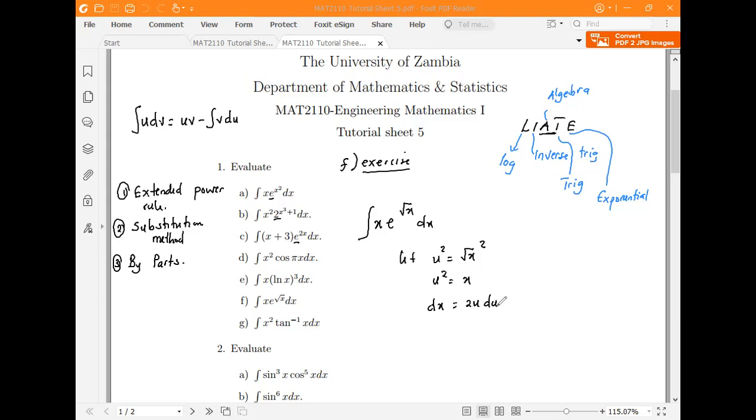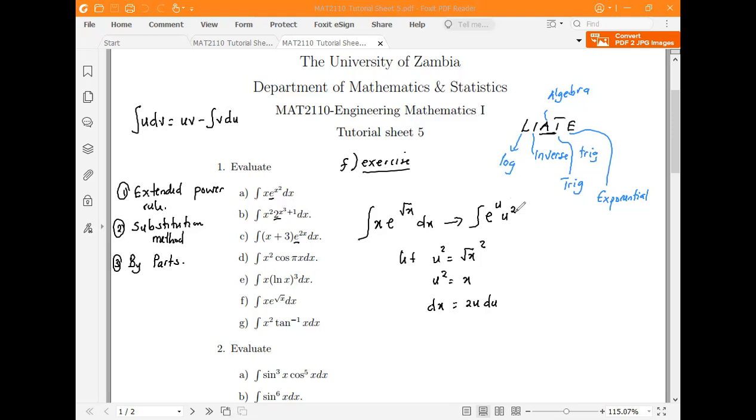So you could come here and change things. Instead of using by parts, you could write this as e to the power u, that's it. And then you have x. Now what is the x? x is u squared.